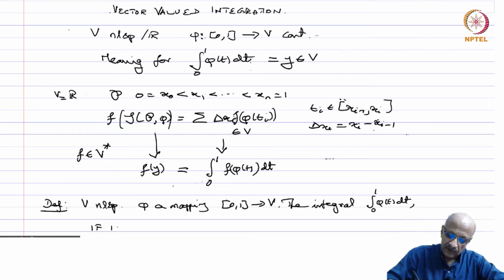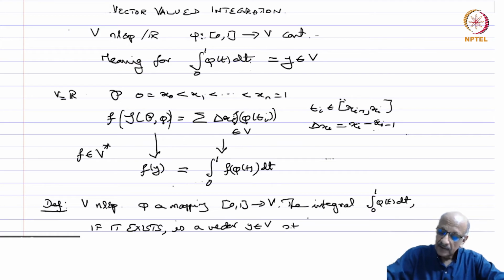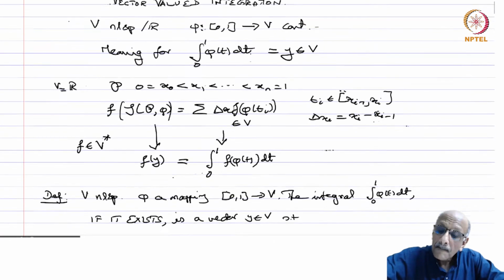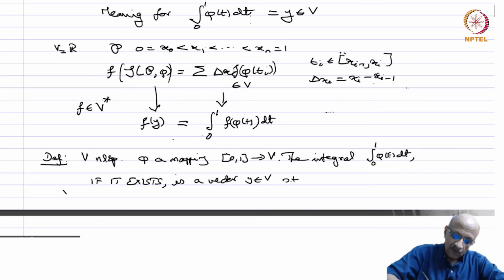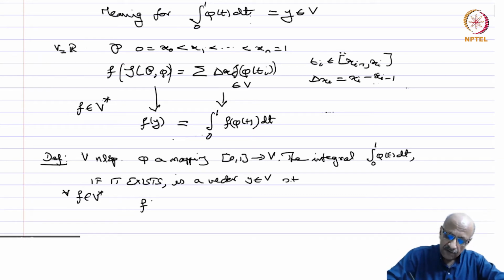if it exists, of course this is not at all guaranteed, is a vector y in V such that for every f in V star, we have f of y equals the integral from 0 to 1 of f of phi of t dt.